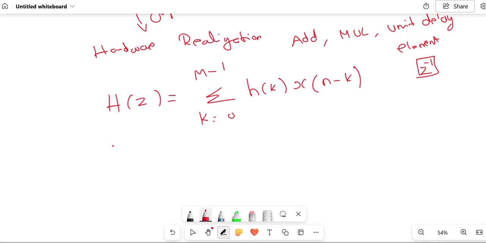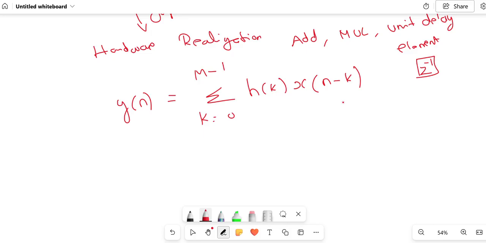Normally we can write y(n) in terms of the transfer function as h(k) times x(n minus k).